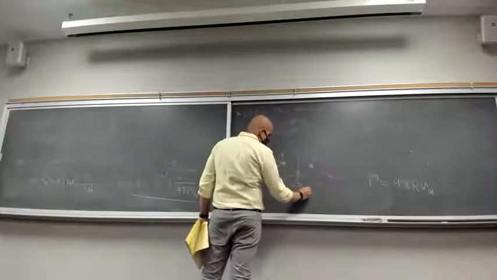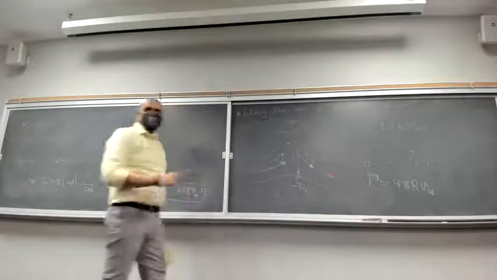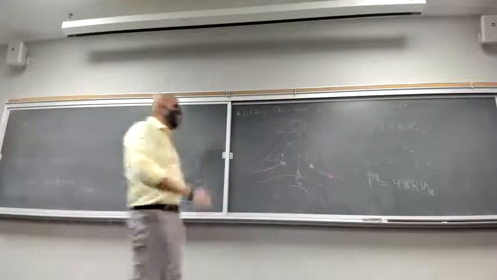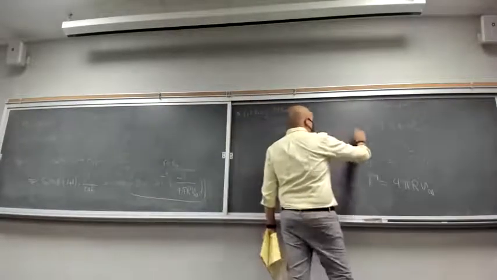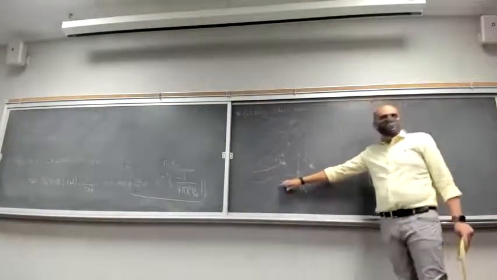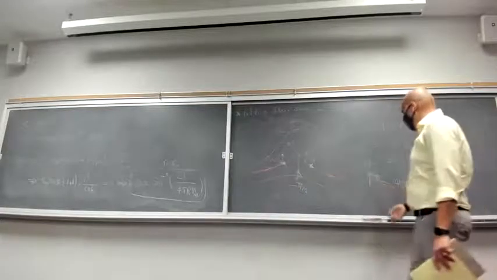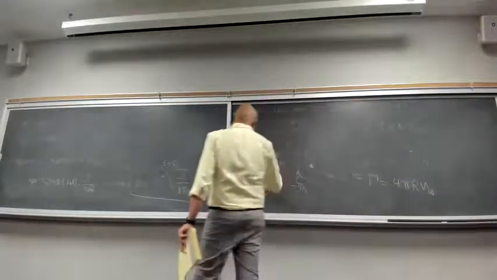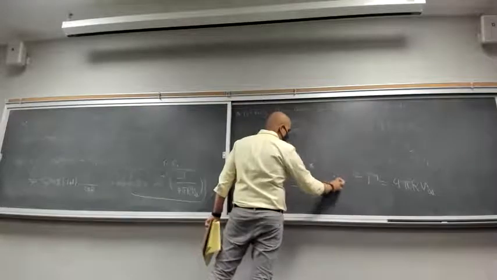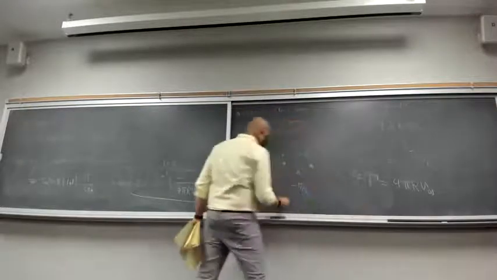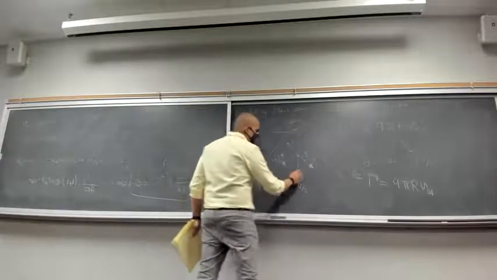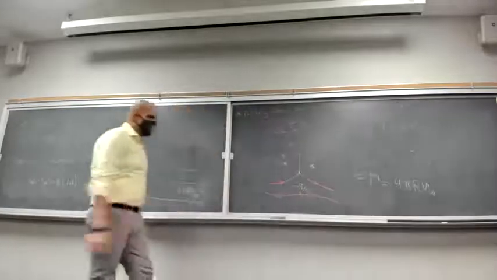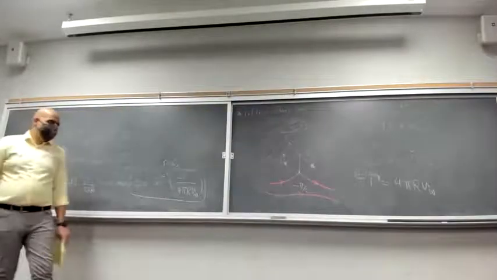Or 3 pi over 2, right? So if your gamma, first condition, gamma was smaller than 4 pi r v infinity, this is how the flow would look like. Second condition, gamma is equal to 4 pi r v infinity, you will only have one stagnation point. So your flow is going to look like this. Okay.